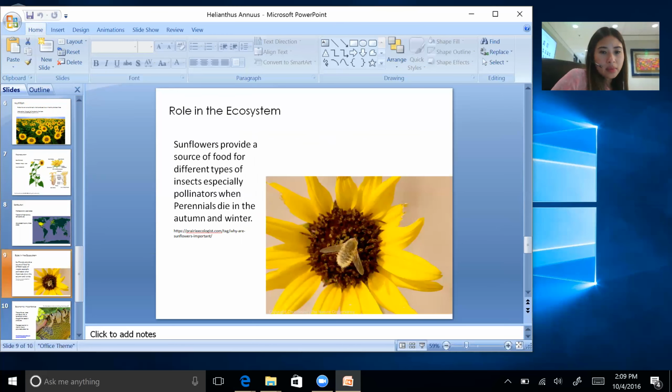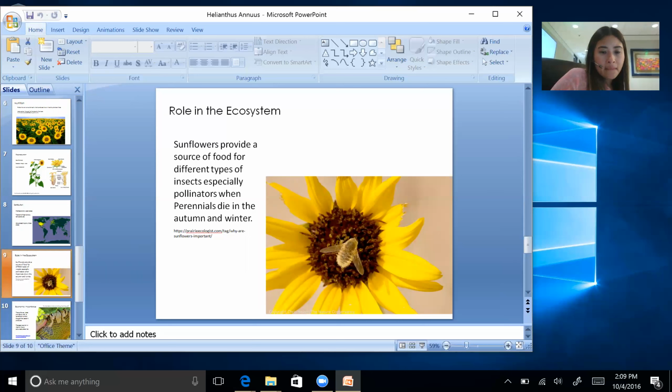And then we're going to talk about the role in the ecosystem of the sunflower. Sunflowers provide a source of food for all different types of insects, especially pollinators. It provides a source of food for ants as well, because the sunflower secretes a special sweet nectar that the ants like to eat.